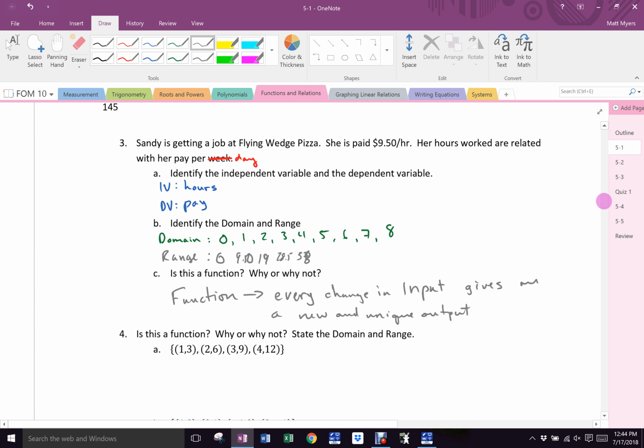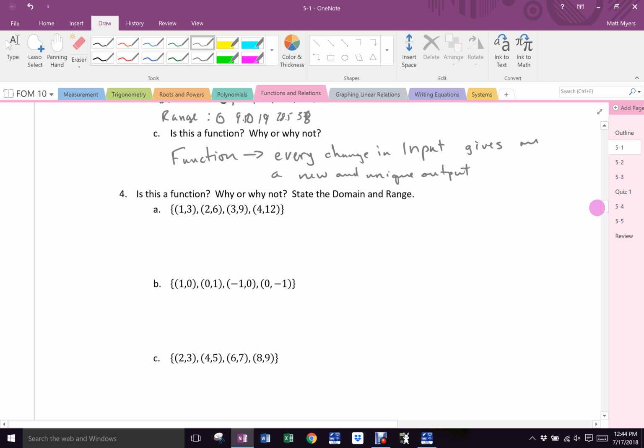Excellent. What about number 4? What's different about number 4? How's it written? In numbers. There's no info. But what do we know in math when we write number, comma, number? That's X and Y. Which of those was input?